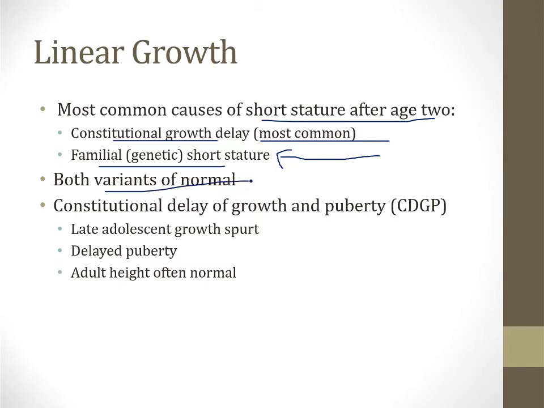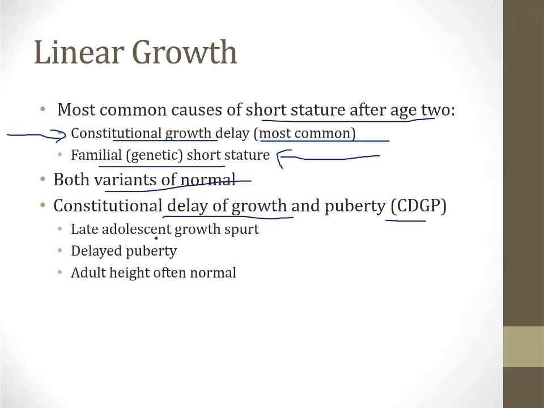Both of these are variants of normal and not pathologic, and it's high yield to know that. A child that is not growing in length doesn't necessarily have a nutritional deficiency or something along those lines. Most likely, it's just a variant of normal. So this most common cause right here, constitutional growth delay, is referred to as constitutional delay of growth and puberty, or CDGP.